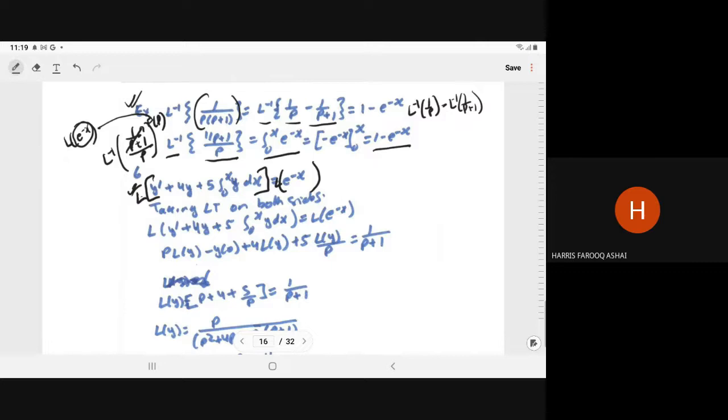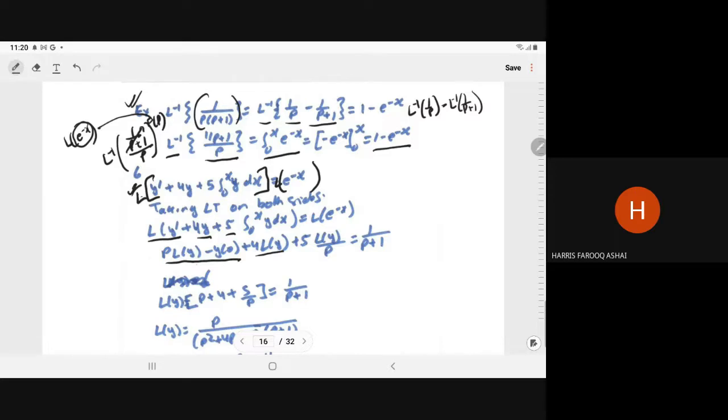It follows the linear property, so this can be written as L of y dash, which is equal to p L of y minus y naught, plus 4 into L of y, plus 5 into L of integral 0 to x of y dx.